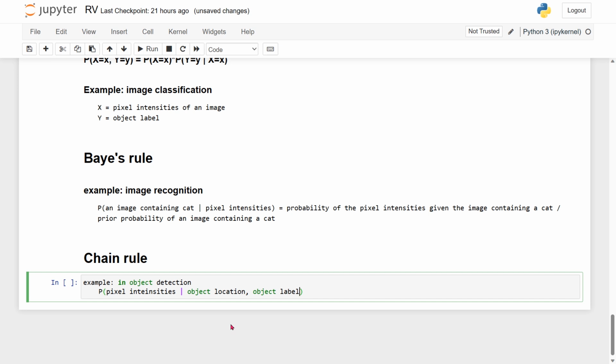Okay, so that's how we use it in object detection.